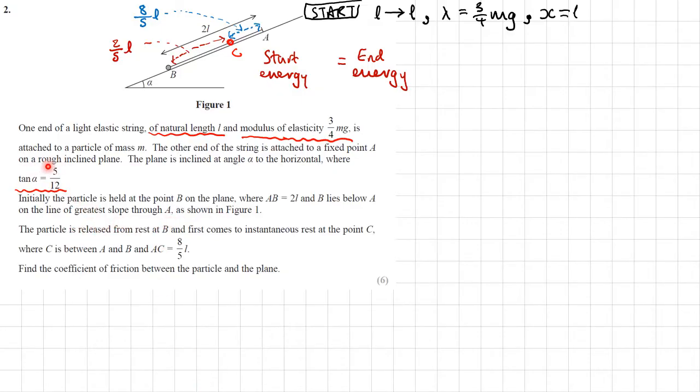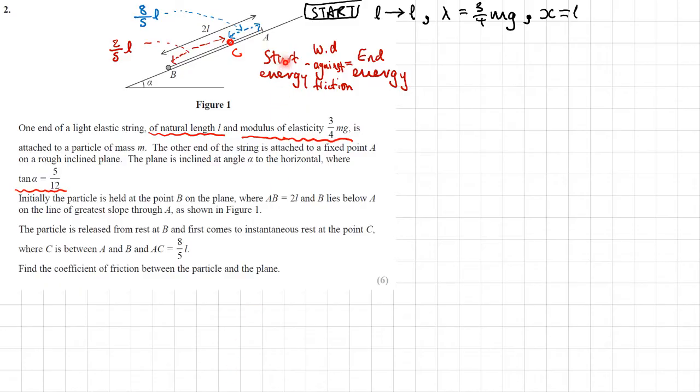Okay, it says a rough inclined plane. So we lose energy, and the energy that we lose is going to be work done against friction. And that's the only energy that we ever lose in these types of questions. So the energy at the start, subtract the work done against friction, will give me the energy at the end.